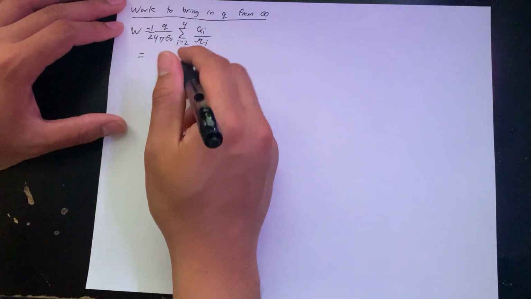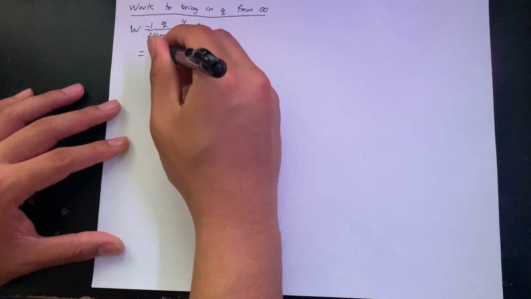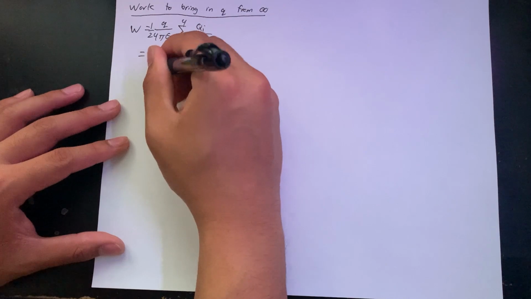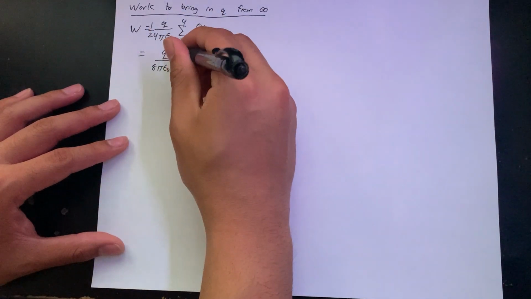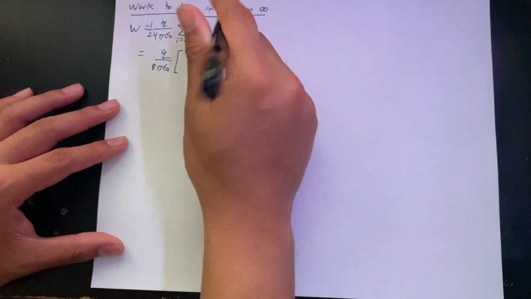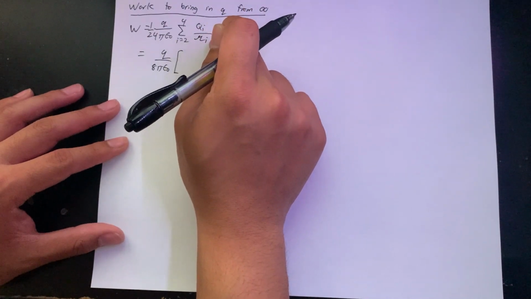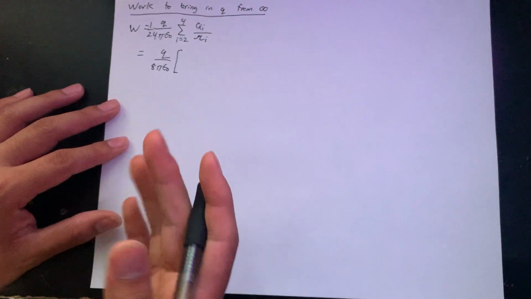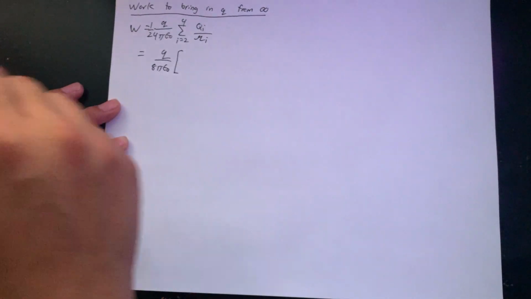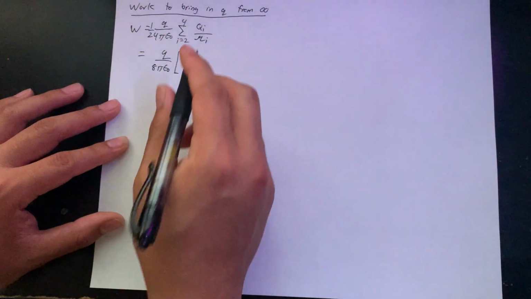So that will give us Q over 8 pi epsilon naught times the summation of our charge over the separation, which is going to be using the same ones that we derived when we calculated the force onto Q.